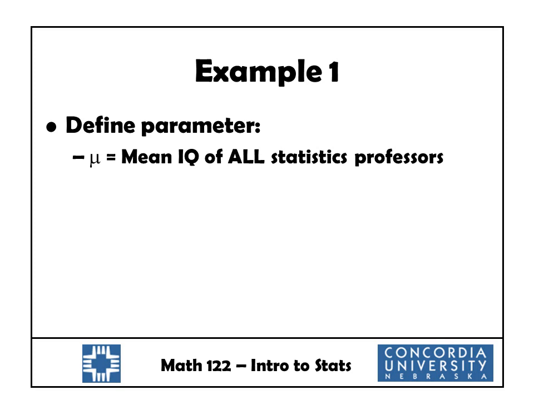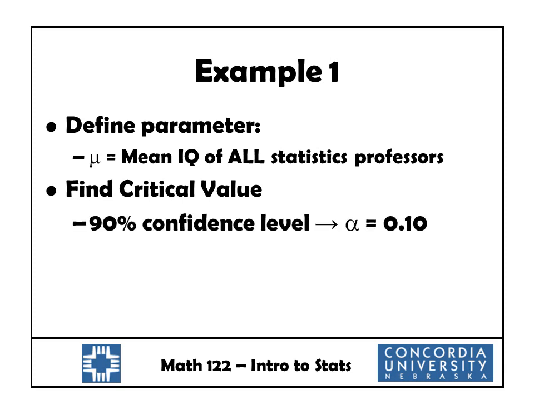We stress the word all there because we're interested in the mean of all statistics professors, not just the 25 in my sample. Now I need to calculate my margin of error, but in order to do that I first need to know my critical value. We're working at the 90% confidence level because that's what was given in the problem.